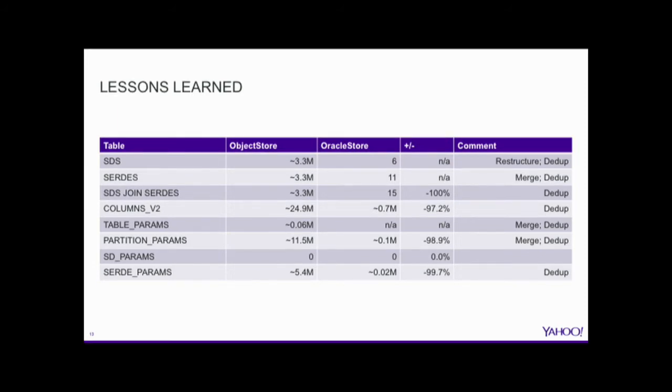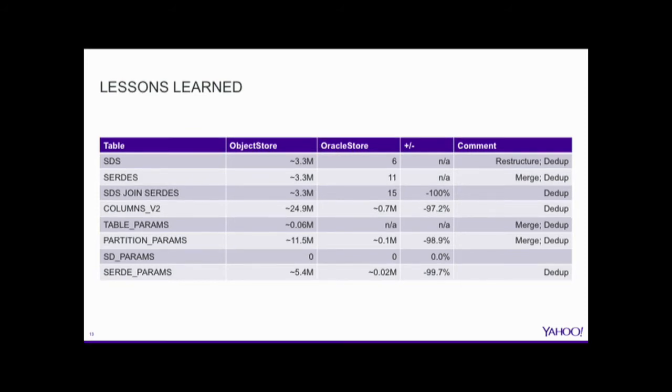Now let's examine the next table. It's the columns V2 table. So it contains 24.9 million records, which represent column information for all of the tables and partitions that the Metastore manages. Unfortunately, when you look at what's being stored, a lot of it is duplicate information which really contains no value for us.